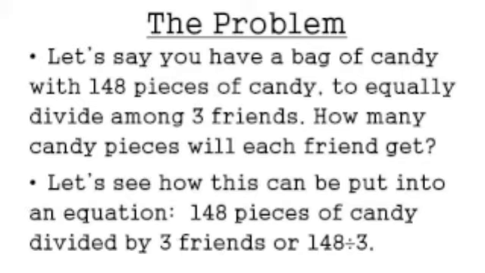Well, what we're trying to divide is the candy, so that's automatically our dividend. So we have 148 pieces of candy, and it's going to be divided up amongst 3 people. So that will be our divisor.